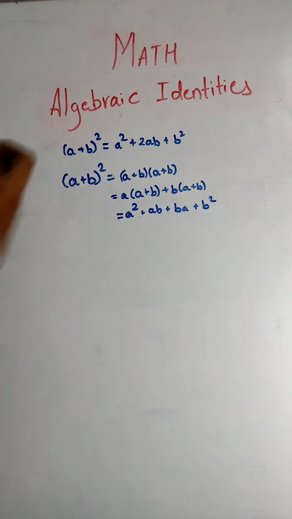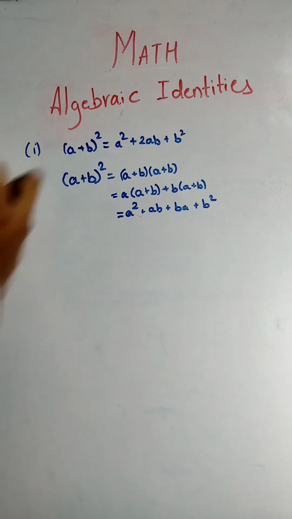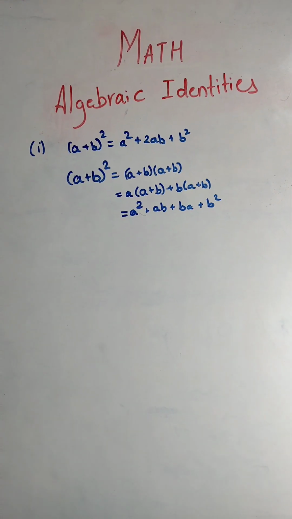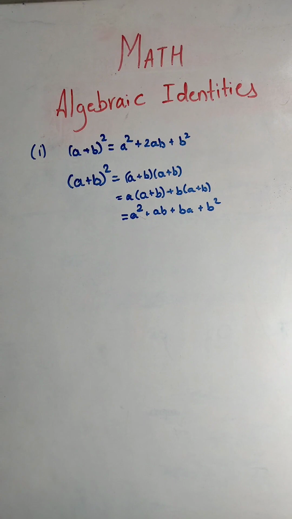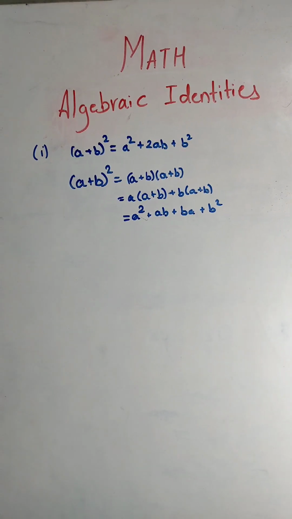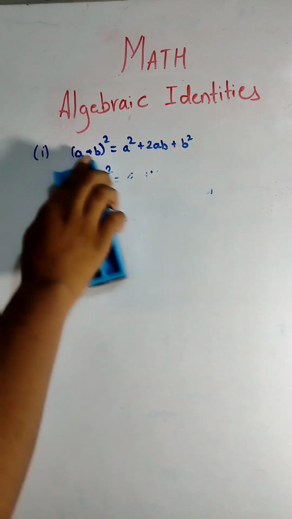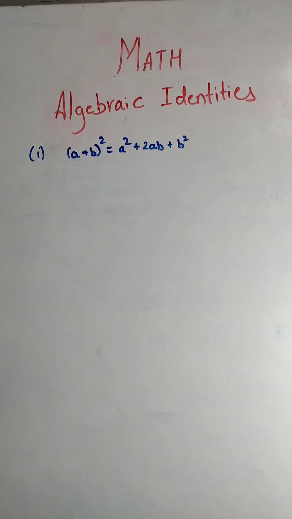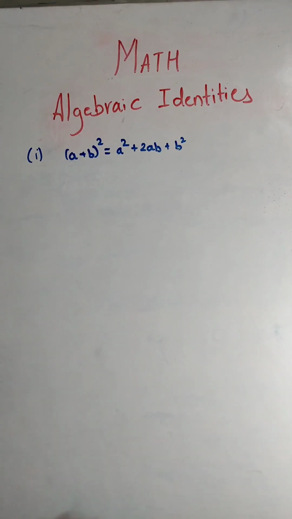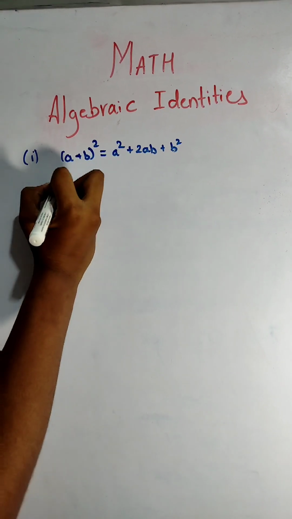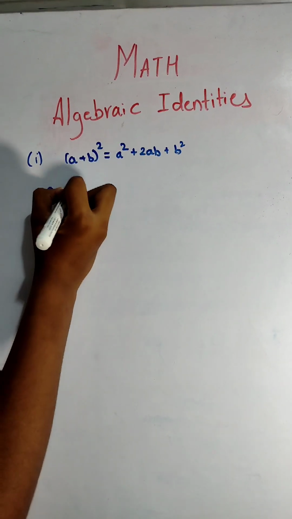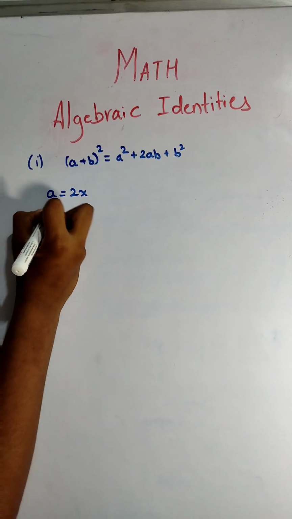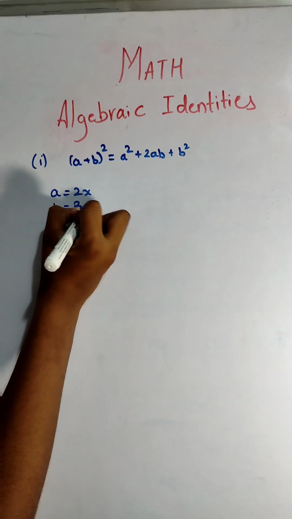So remember that this is identity number 1, the first identity out of 4 different identities. For an example for this identity, we can take A equal to 2x and B equal to 3y.